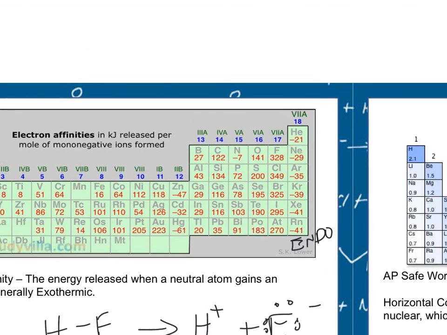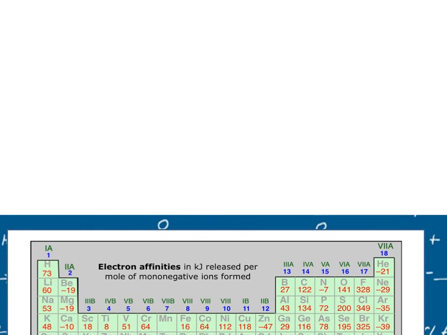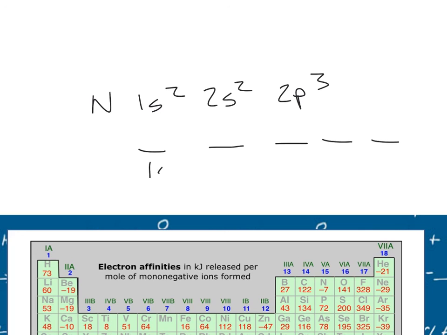And I'm going to tie into that electron orbital notation that we talked about earlier. Nitrogen, 1s2, 2s2, 2p3. In orbital notation, it looks like this: 1s, 2s, 2p. It has all unpaired electrons in the p.